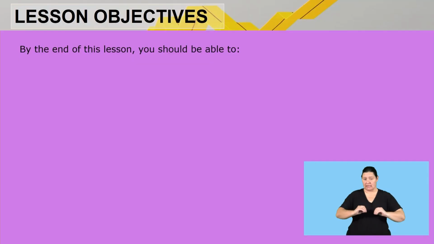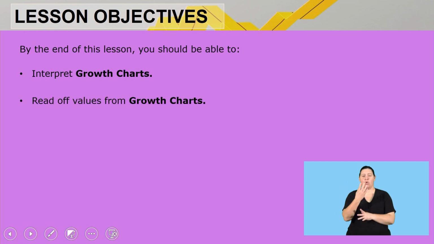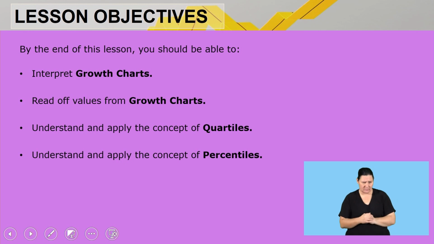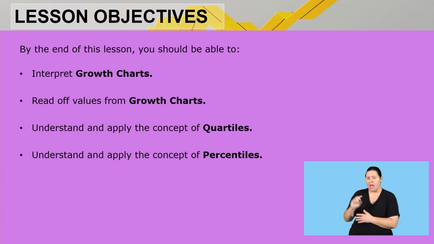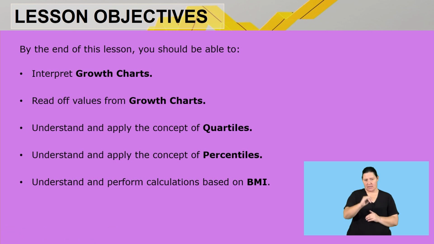Let's see what I'll expect of you in today's lesson. By the end of this lesson, you should be able to, first of all, interpret growth charts. You must be able to read off values from the specific growth chart. Then you must understand and apply the concepts of quartiles. Thereafter, you must also understand and apply the concepts of percentiles. We will also look at understanding and performing calculations based on BMI.